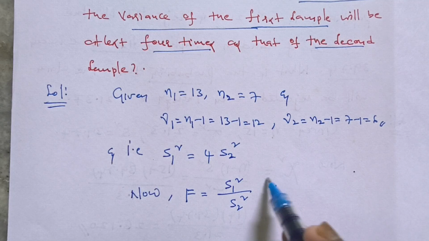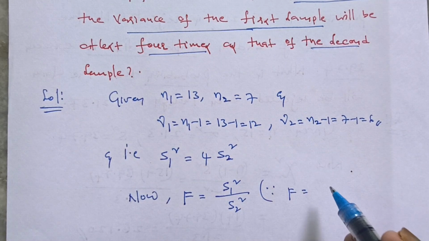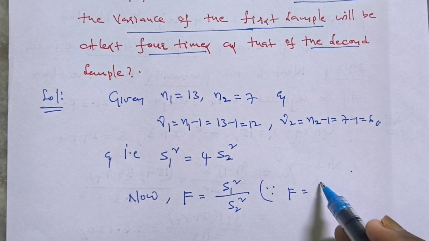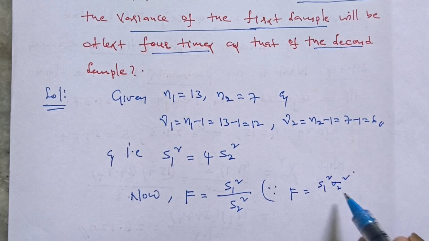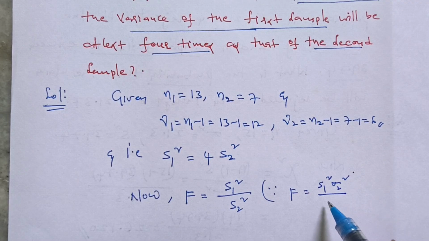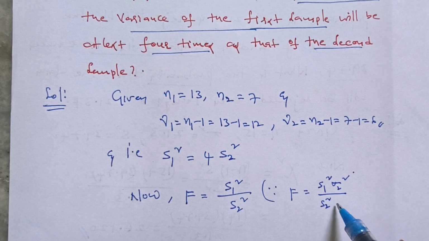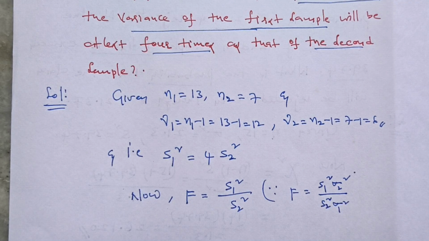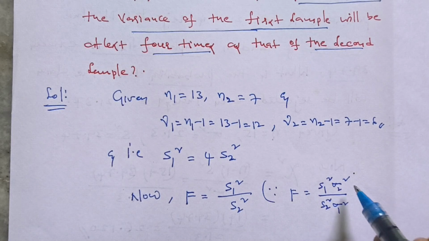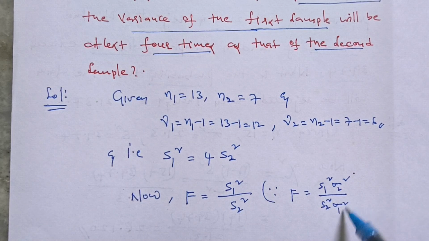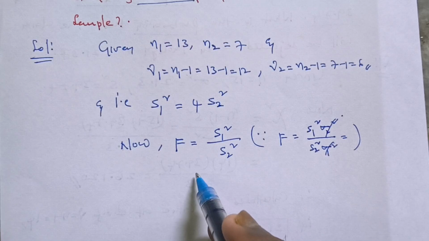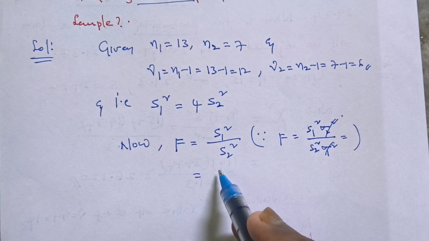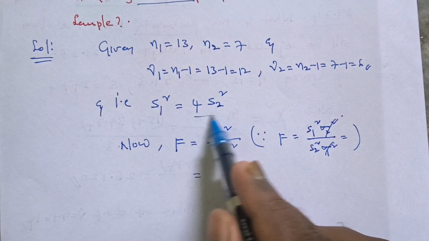We have the F statistic value F equals S1 square by S2 square in case the population variances are not given, meaning the populations are the same. Generally we have the formula F equals S1 square sigma 2 square by S2 square sigma 1 square. Here the population variances are the same, so sigma 2 square and sigma 1 square cancel out. Here the F value is S1 square by S2 square.